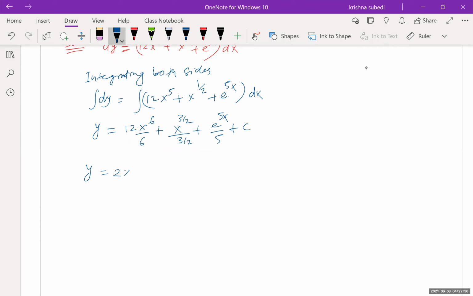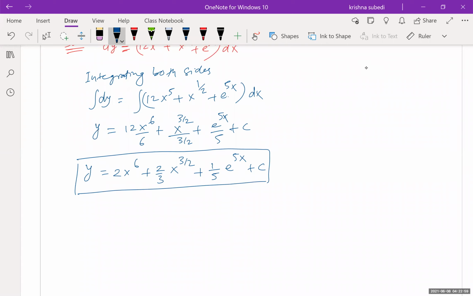You can write 2x to the power 6 plus, when you flip it, 2 over 3 x to the power 3 over 2, plus 1 over 5 e to the 5x, plus c. This is the solution, and this kind of solution is called a general solution, okay?